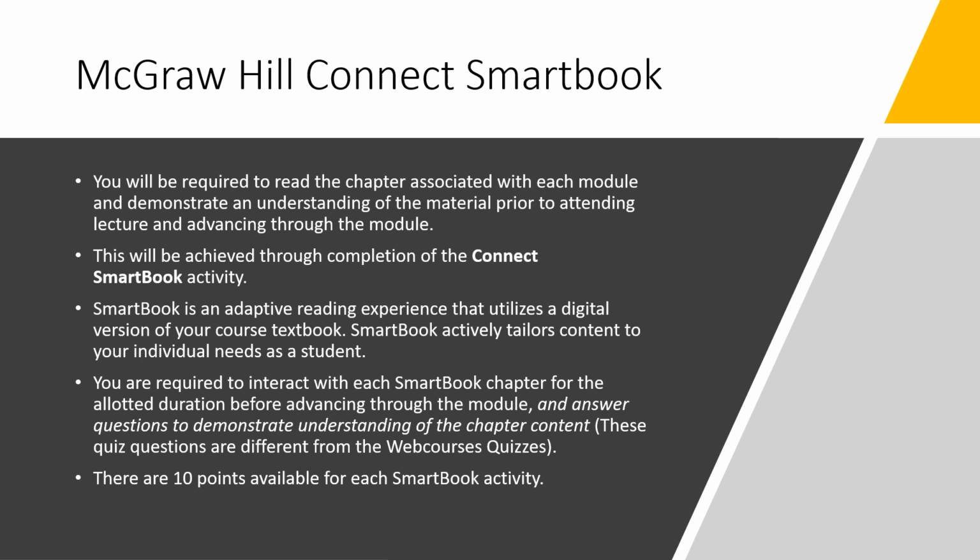Each of these activities are worth 10 points, and they're there to allow you to demonstrate your understanding of the content, and we're not going to actually test on the material within the SmartBook. However, they are completion points essentially, so if you do the work that's associated with moving through the SmartBook activity and the learning activities that go with them, you will receive full points for those activities.